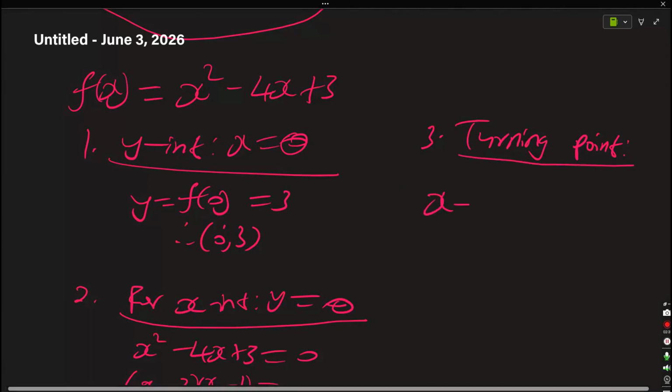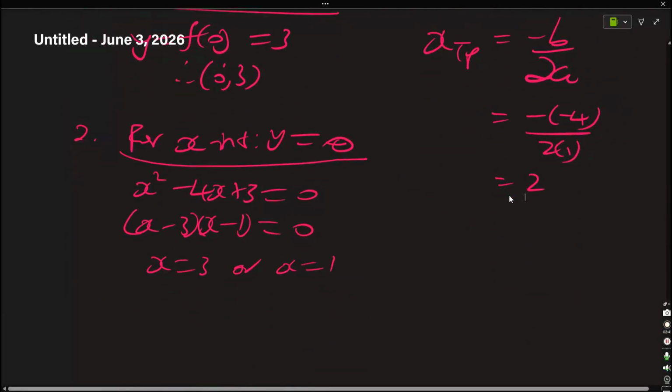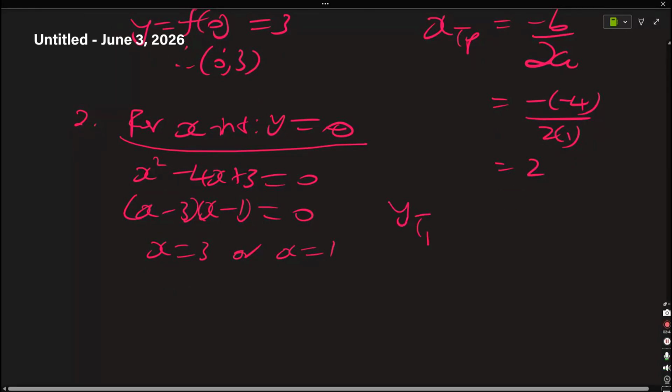Right, we said xTP is minus b over 2a, and then it's negative negative 4 over 2 times 1, and that is 2, right? And then the y value, yTP, we take this, substitute into the original function, and then you'll get minus 1. Yes, therefore, the coordinates of the turning point are 2 and minus 1, right?